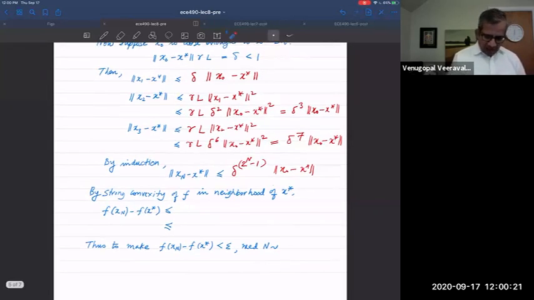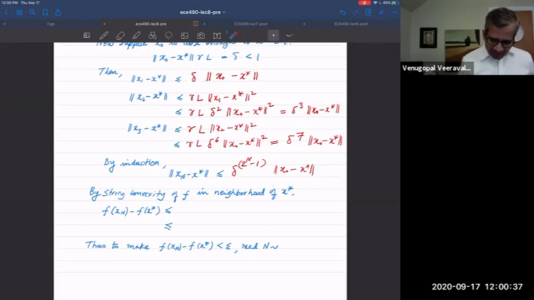Okay, and then let's see what happens to the function value itself. This is what we did last time. We want to approximate the minimum value to some epsilon, so we need to look at f of xn minus f of x star.